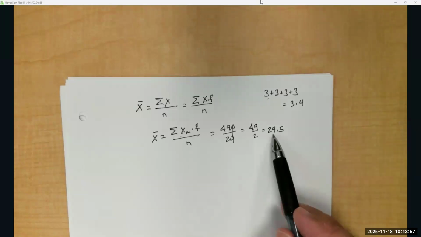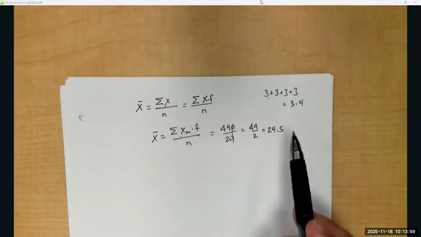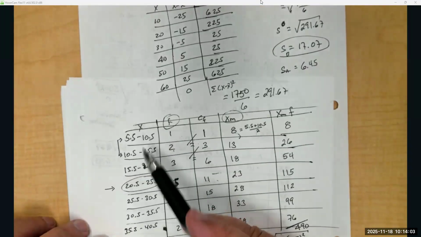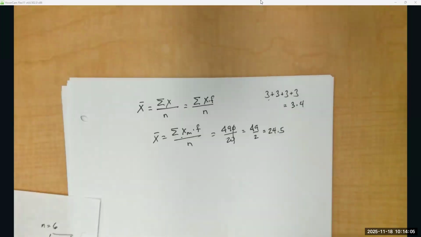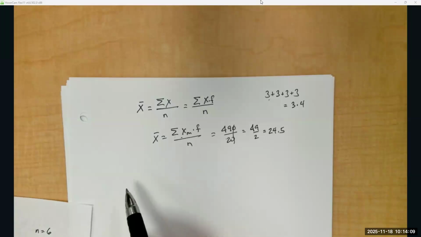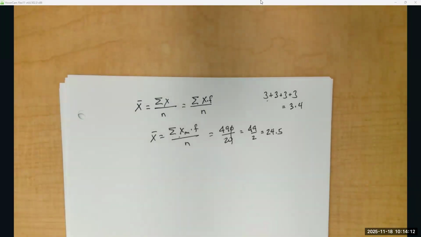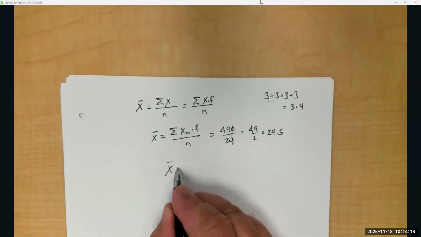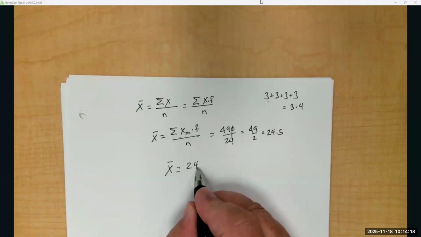I'm asking, since our data points are integers, does the mean have to be an integer? No, by definition, because if we had 2 of them, 3 and 4, we're going to have a fraction, a decimal. So leave it as a decimal. So our x bar is 24.5.